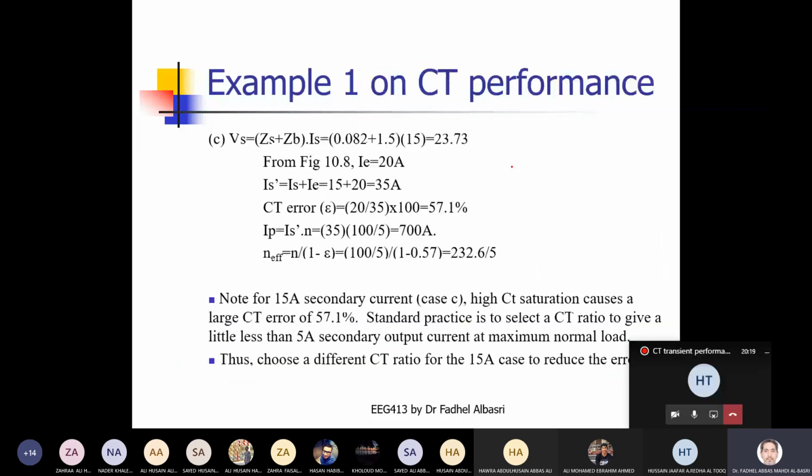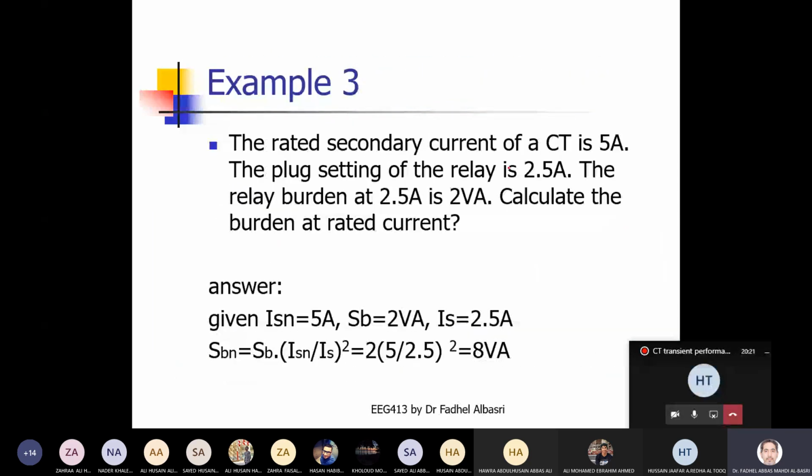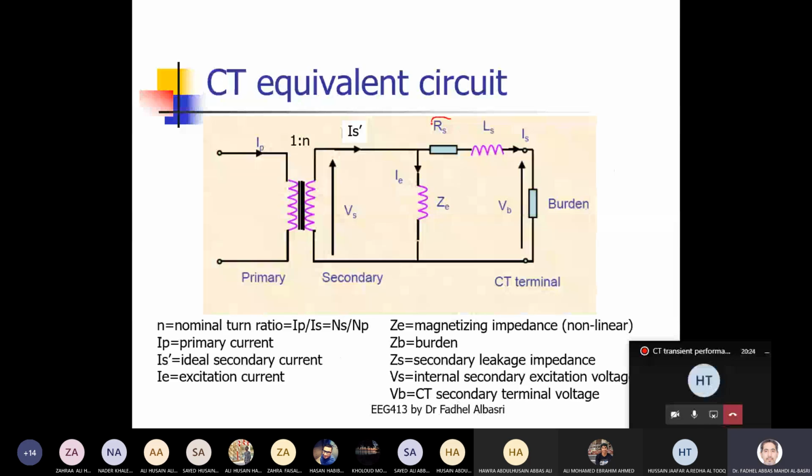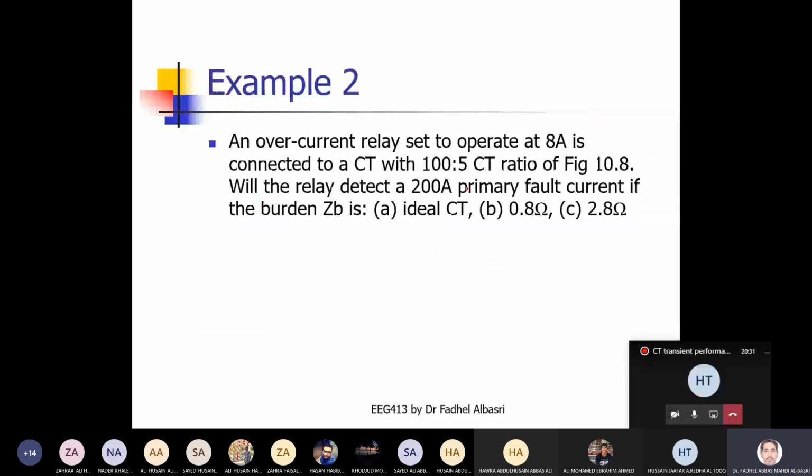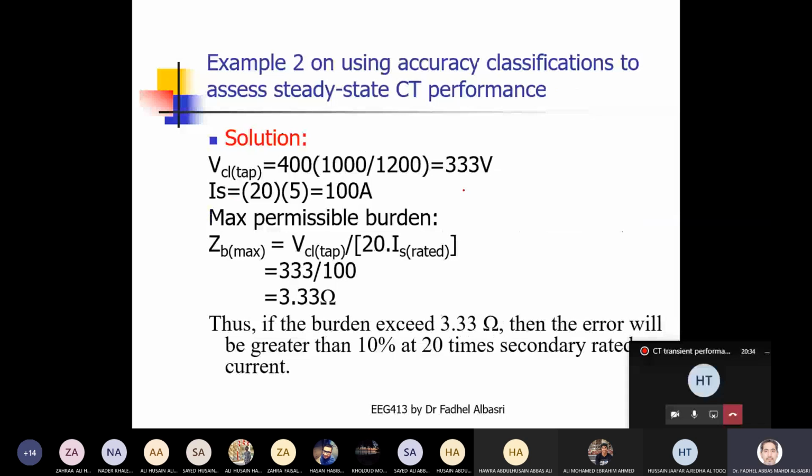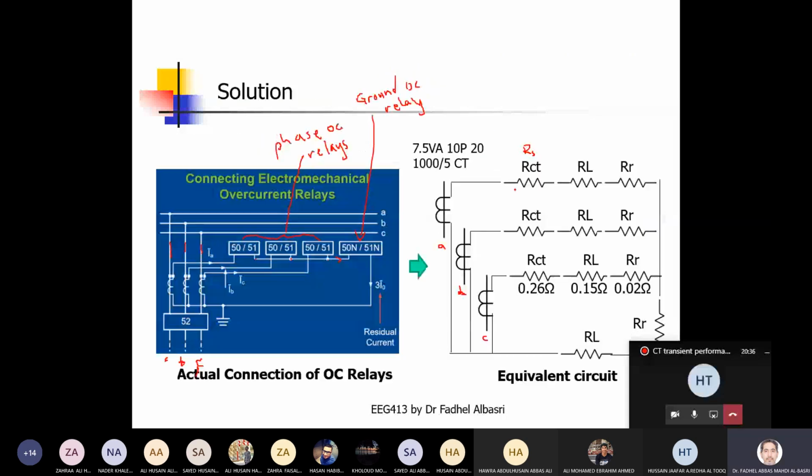So what I'm drawing here, this one, we call it RCT. Okay. Now this is negligible. Okay, this is the CT. Now these are the secondary terminals of the CT, which represent this point.